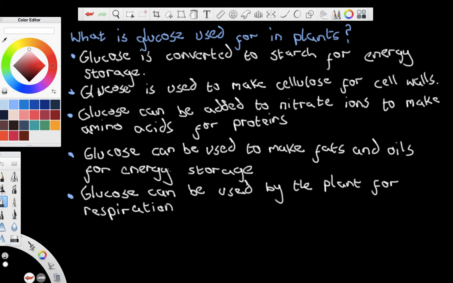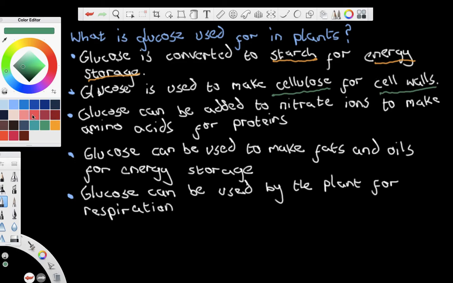Okay, so we've said what is glucose used for in plants. So glucose is made in photosynthesis. It can be converted into starch for energy storage. I'll underline some of these to break up the white background. It can be used to make cellulose for cell walls.